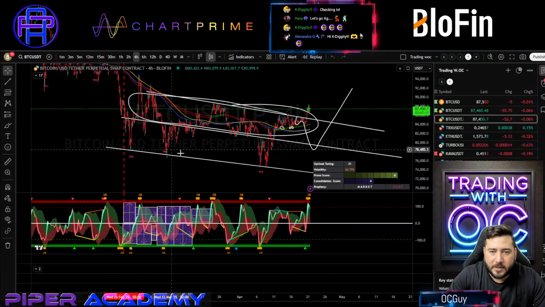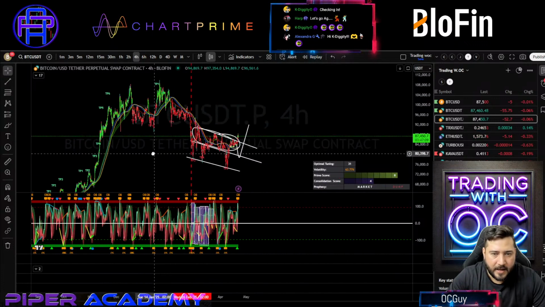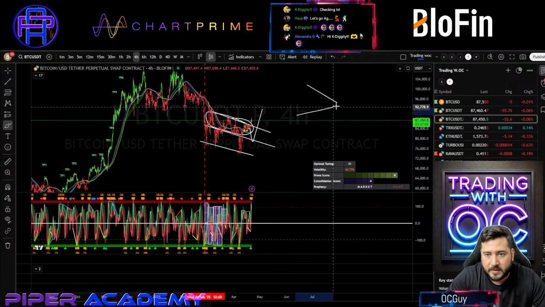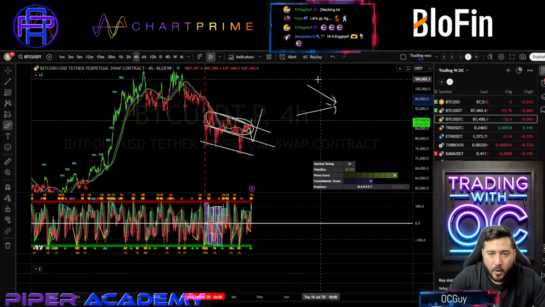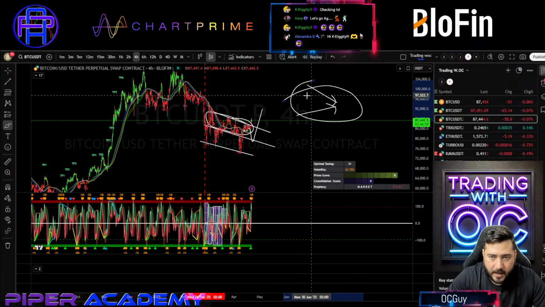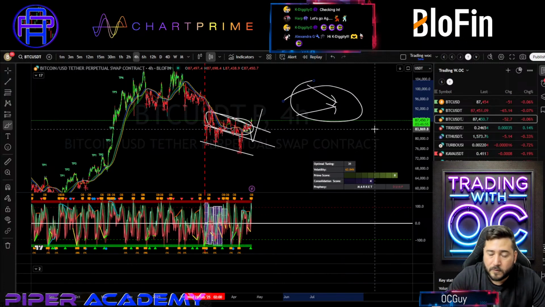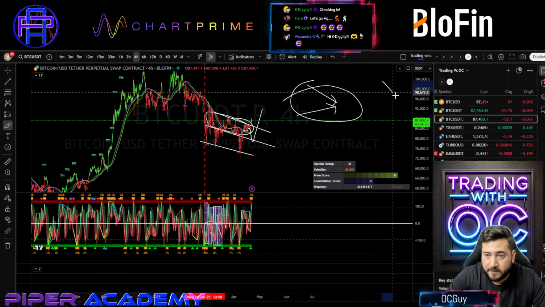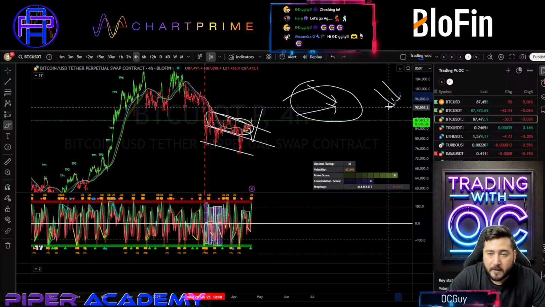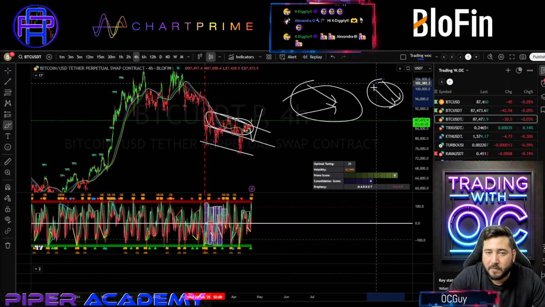Friday, we talked about megaphones, wedges, and the difference between triangular patterns, right? What is a triangle? A triangle is a converging area where you have two directional lines converging, bottom and top, right? And the difference between that and a wedge is that in a wedge you usually have lines still converging but pointing in the same direction.